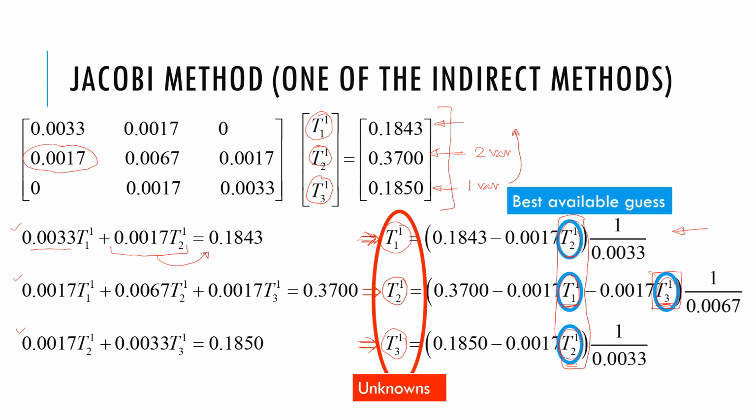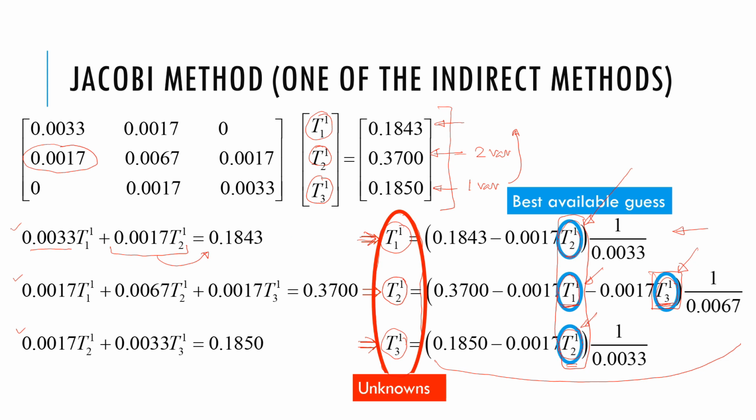Okay, so we take a guess and then we plug in the guess. This is our guess that we plug in here, and if we do that, then all of these can be computed, and from there I can get T1, T2, T3, which is kind of my improved version.